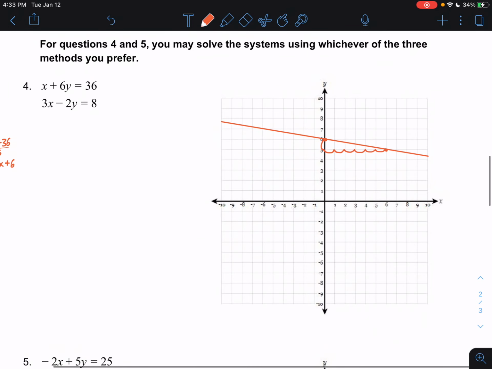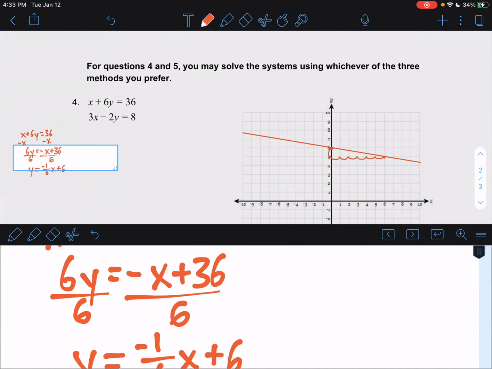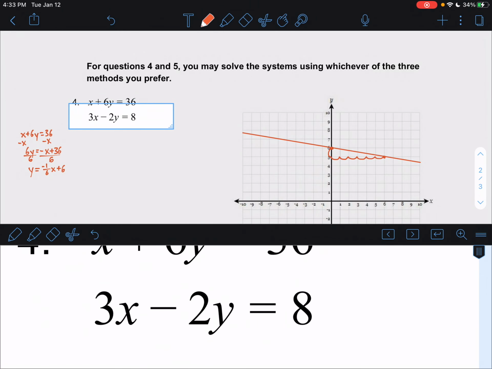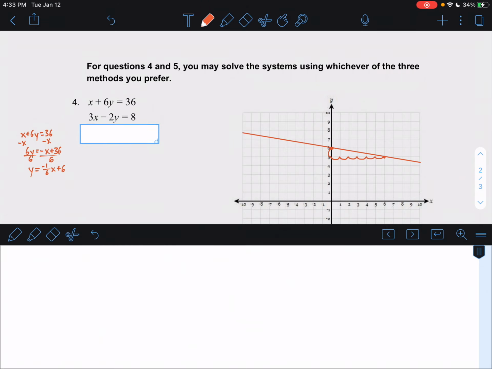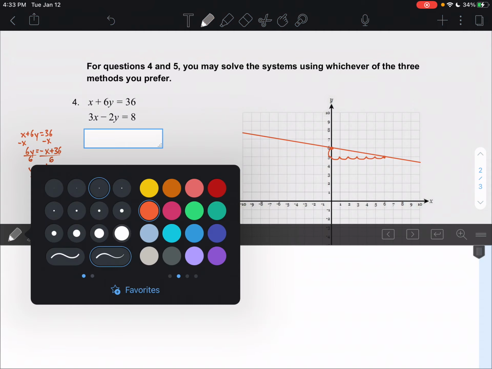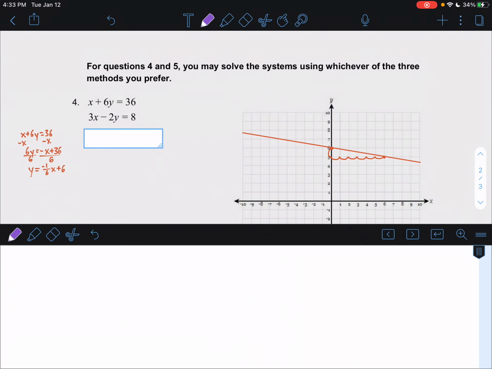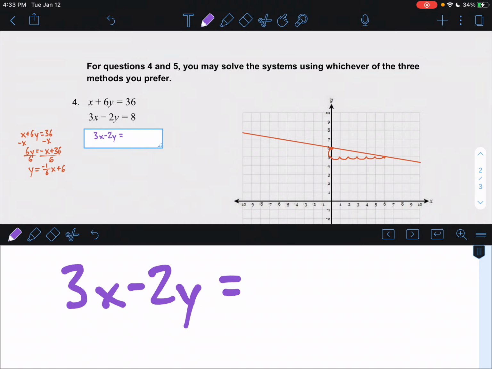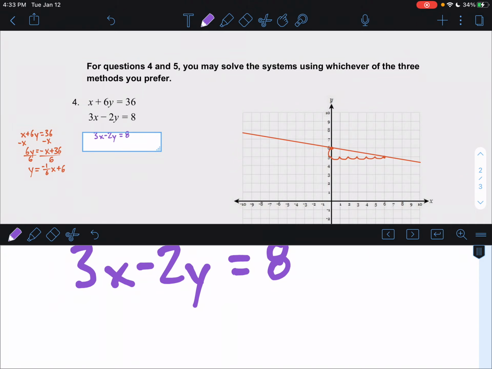Now I need to check out this other equation. So I have 3x minus 2y equals 8. So with this one, I'll do it in, let's say, purple. So I'll just rewrite it, 3x minus 2y equals 8. I want to subtract 3x from both sides because I want to get that y all by itself.